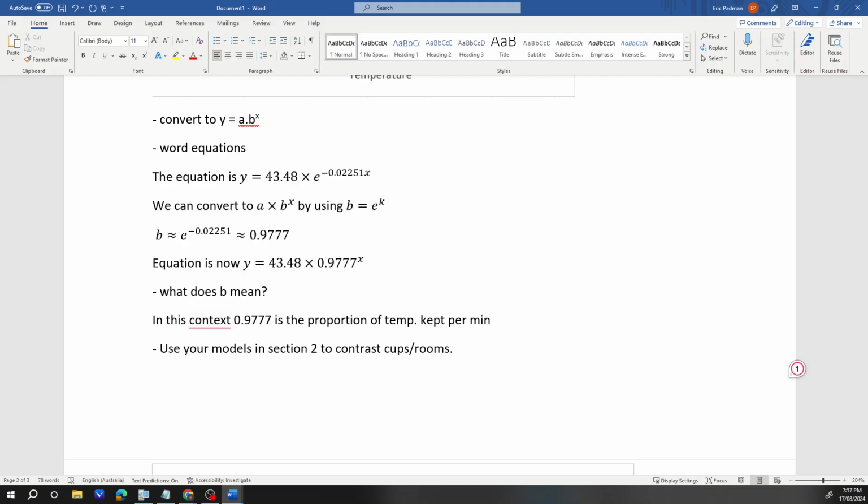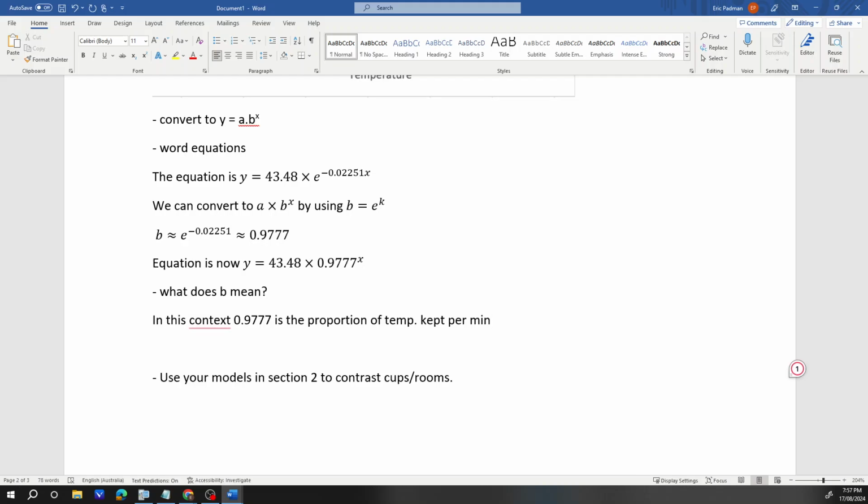In other words, 97.77% of the temperature is kept each minute, or probably the better way to describe it is this: if you subtract that from 100%, 2.23% of the temperature is lost each minute. So that's a way to think about it.